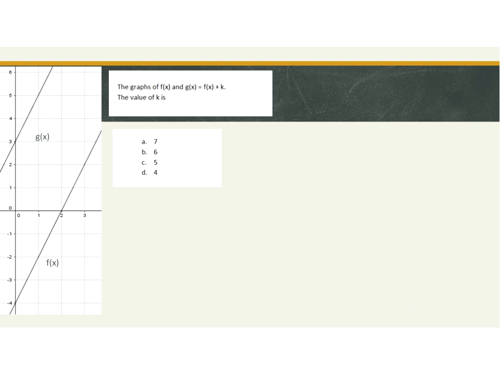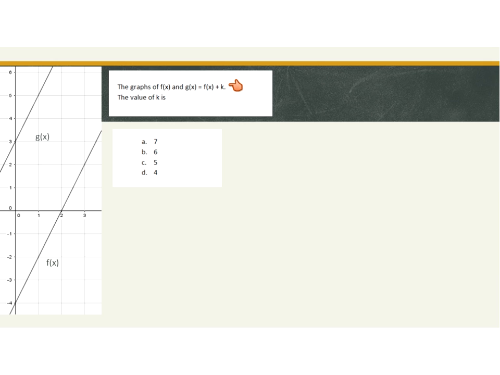Okay, great. Now we already did this, and it shows up again, so that shows you it's important. But now you have the experience that we already did this. The graphs of f of x and g of x equals f of x plus k. It's a little different, but similar.